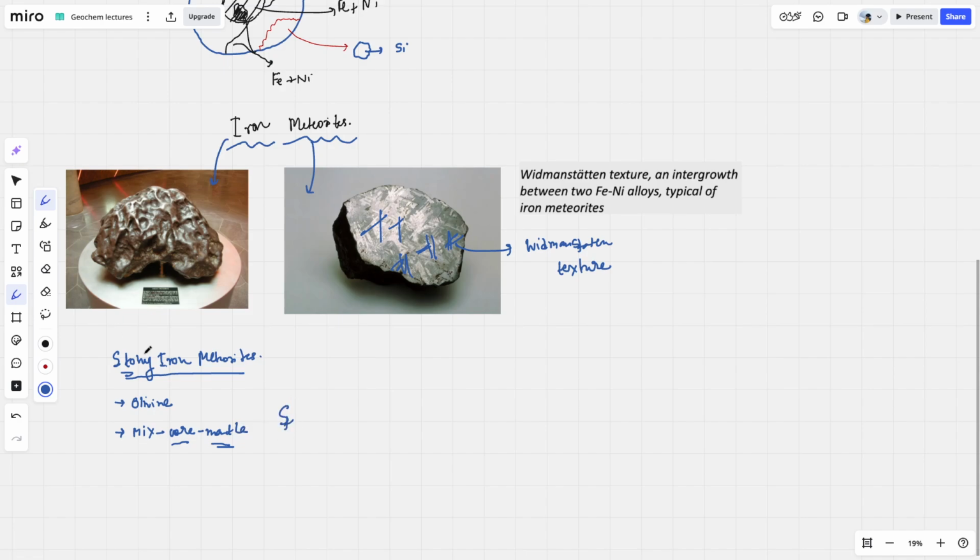Okay, stony and iron meteorite, right? I'll again show you a picture of a stony iron meteorite.